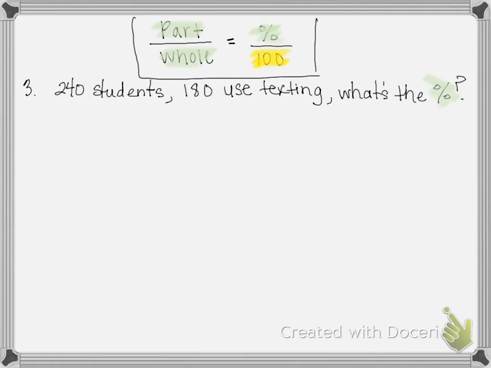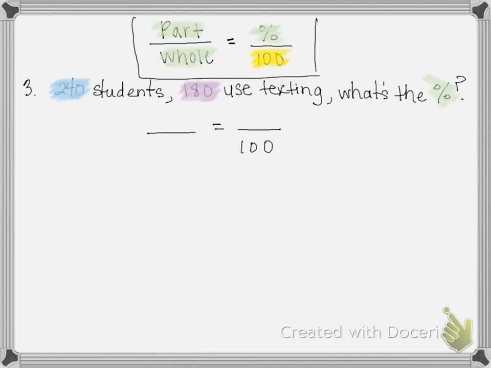So your 240 students, we have to figure out if that's part or whole, and then we have 180 that use texting. So there's a total surveyed of 240. So that should be the whole. So if we do this, we have part over whole equals percent over 100.